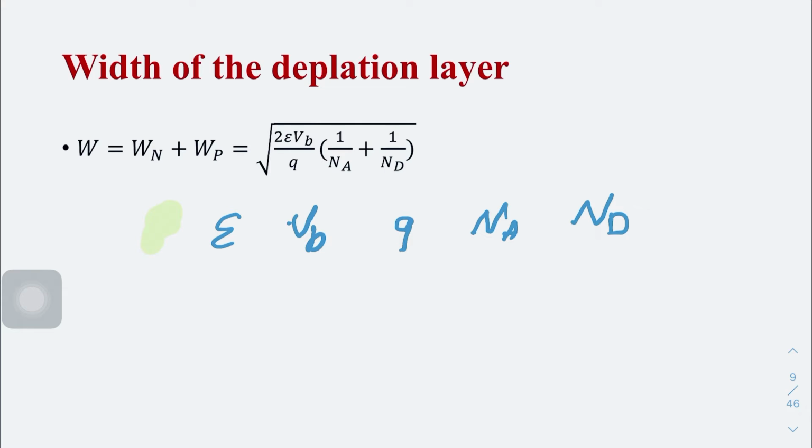Therefore, if we know Na and Nd and the type of semiconductor, we can determine the width of the depletion layer.